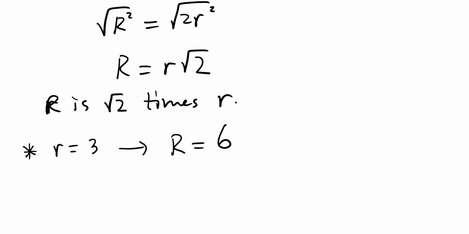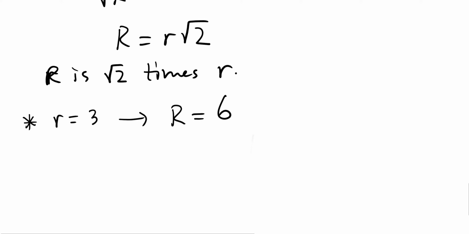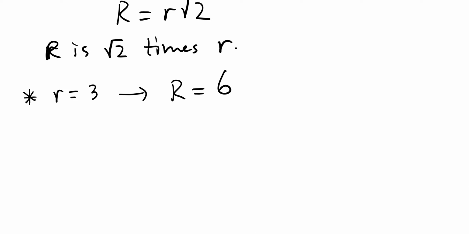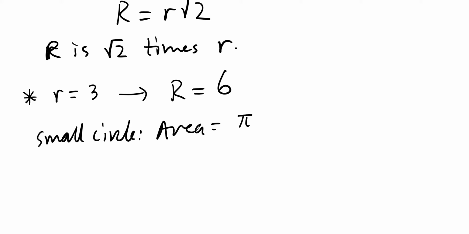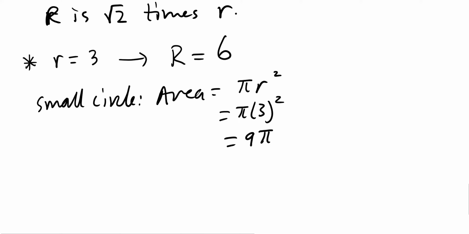That doesn't mean the area of the new circle will be double the area of the small circle. For the small circle, if we calculate the area, that gives us pi r squared, which is pi times 3 squared, so 9 pi.